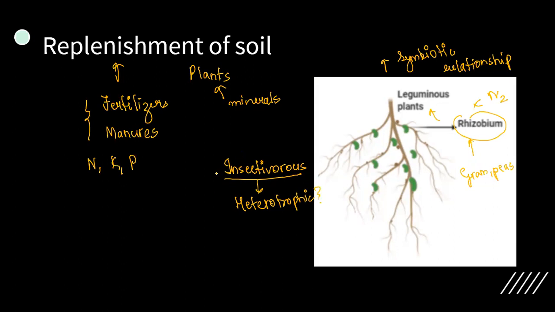Here, if I talk about the insectivorous plants, we know that they perform photosynthesis. Just for the nitrogen requirement, they are dependent on the insects. So we can say that the insectivorous plants are partially autotrophic and partially heterotrophic.